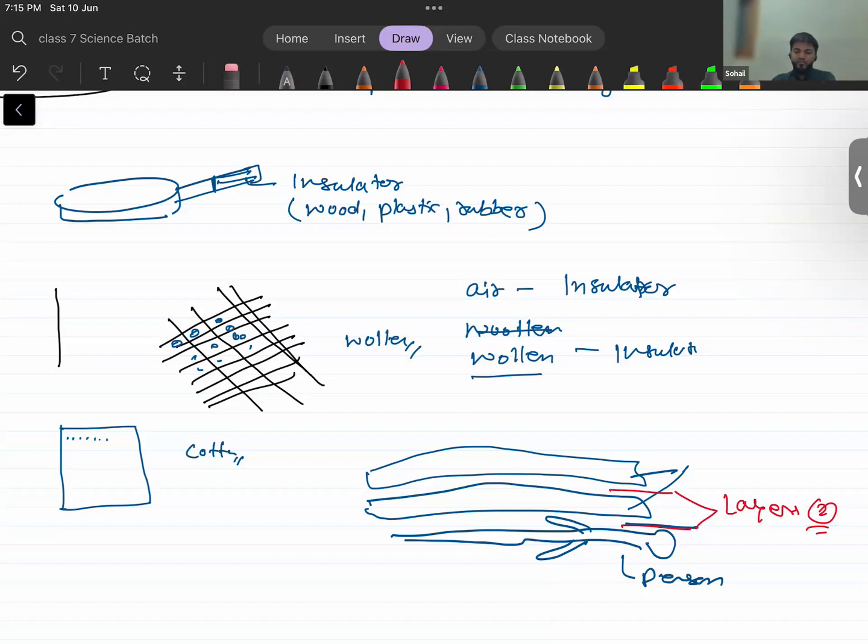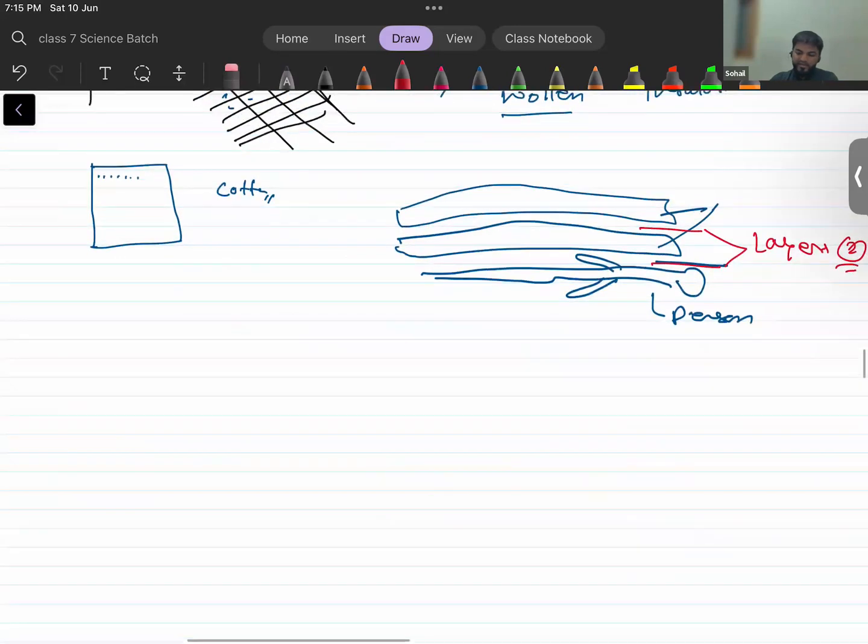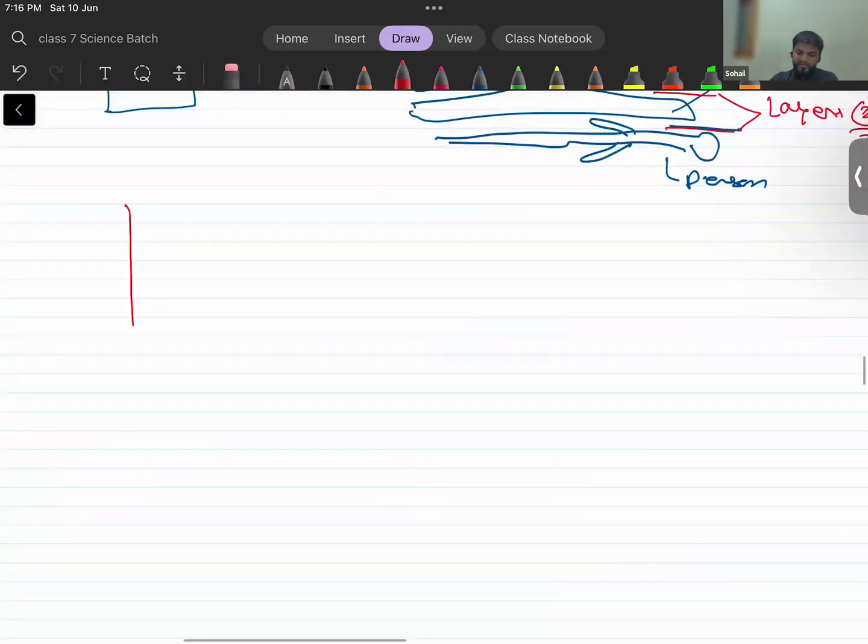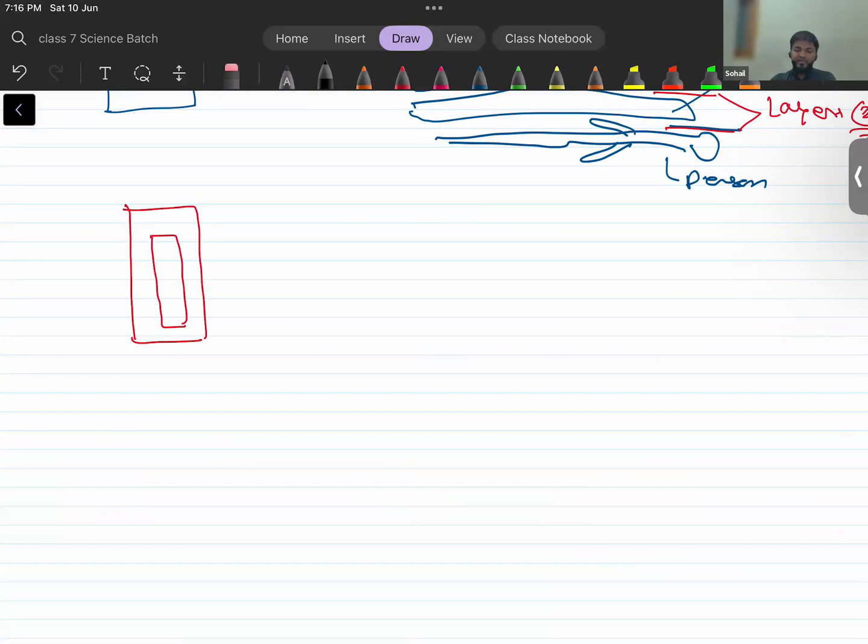Yes, sir. Okay, so understand it like this. Let's say this is a brick being used to build a house, and there is a hollow space in it. So air is trapped inside it. As we know, air is a poor conductor of heat, that is, it is an insulator.